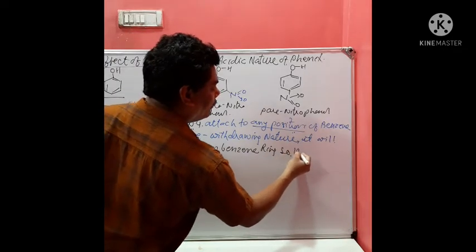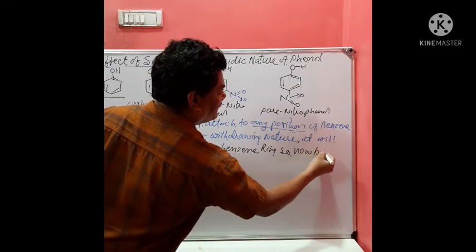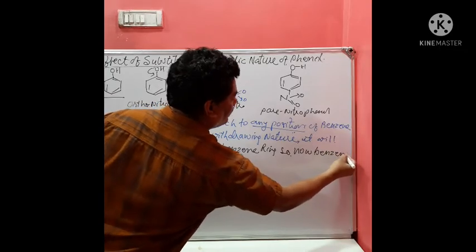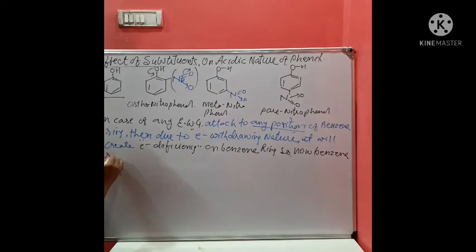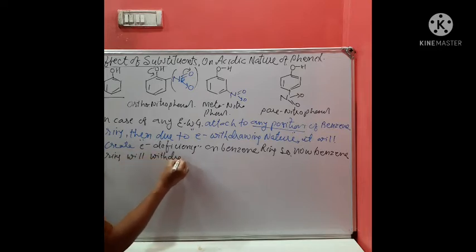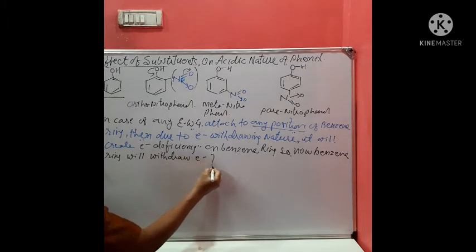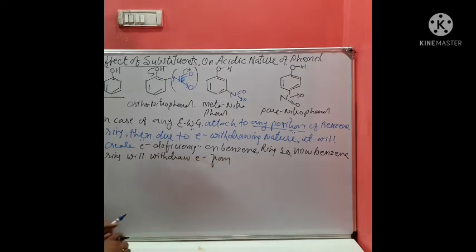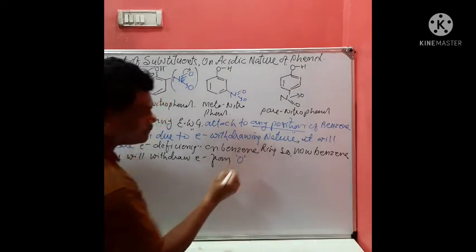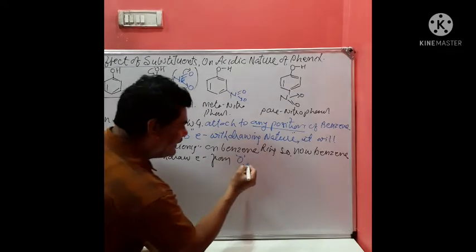So now the benzene ring, that is the nucleus, will withdraw electrons from what? Oxygen.